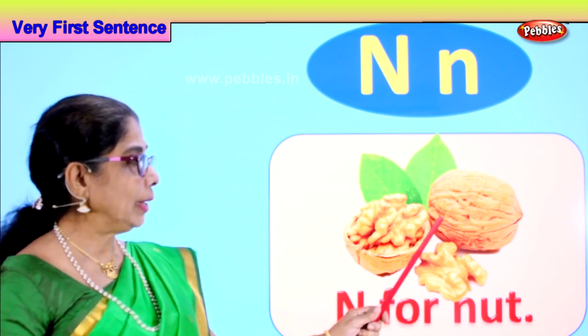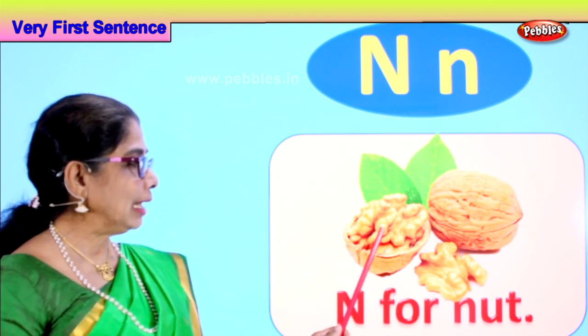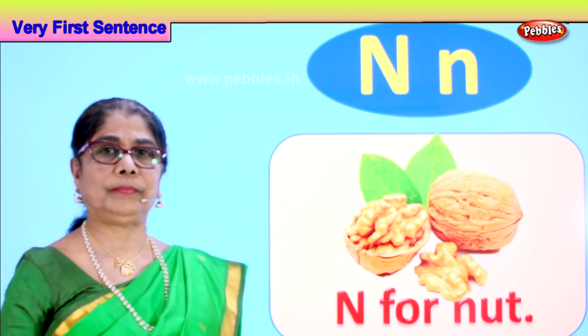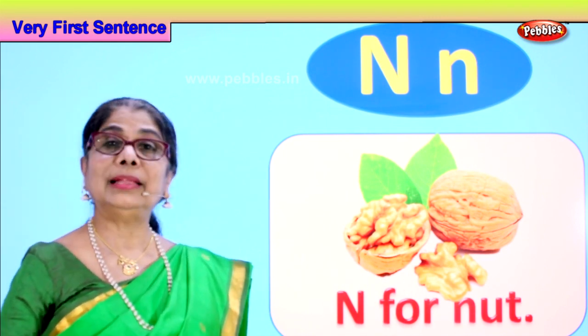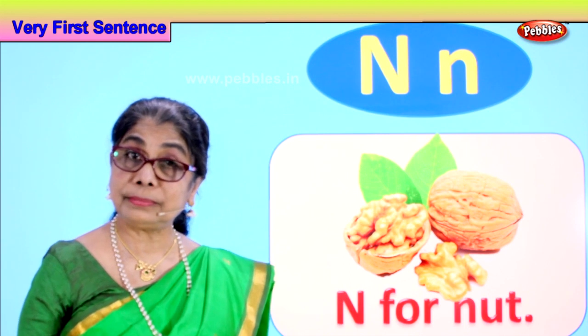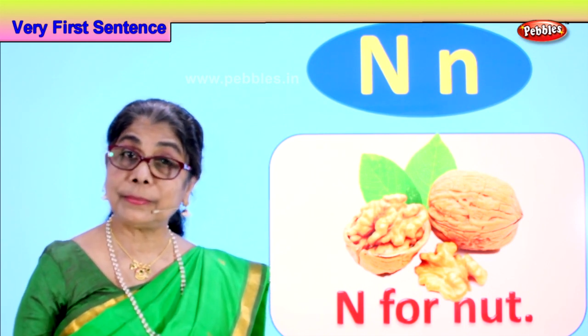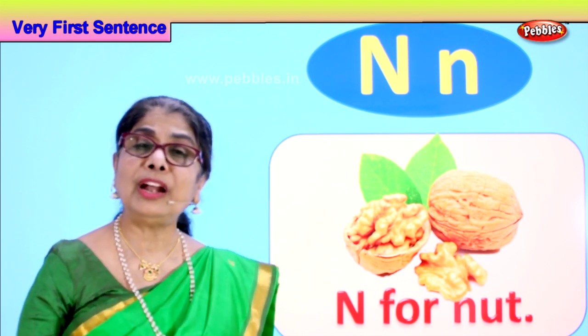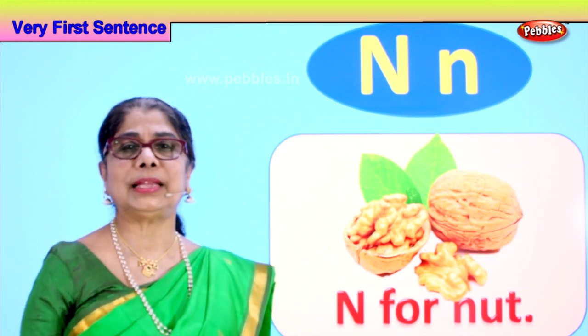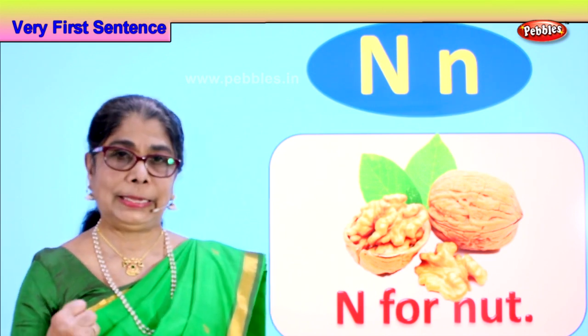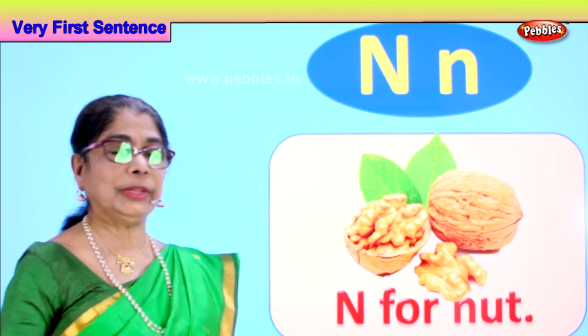If you open the walnut, there will be kernel inside. This is a nut. There is cashew nut, there is monkey nut, there is pista nut. All kinds of nuts are there for you to eat and get strong, and you get vitamins from them.